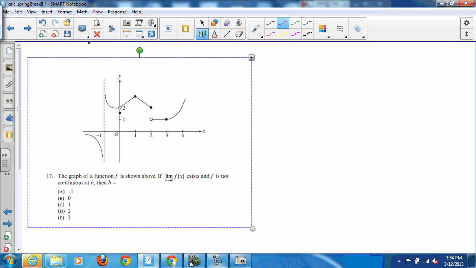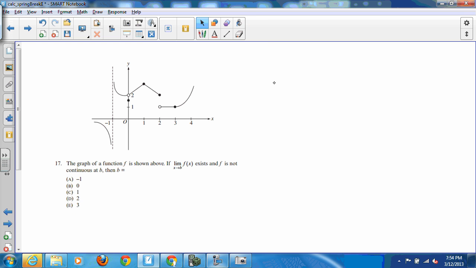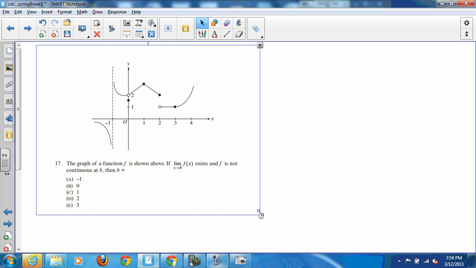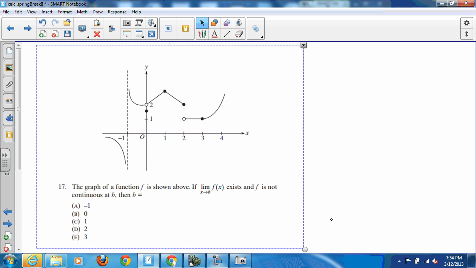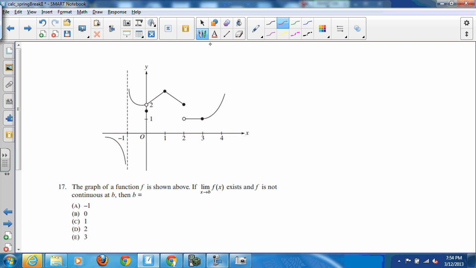Okay, and this is number 17 on the calculator section I left off, so I'll go ahead and do it now. It's showing us that the graph of the function is shown. Let me see if I can make that a little bit bigger. So the limit as x approaches b exists, and f is not continuous at b.